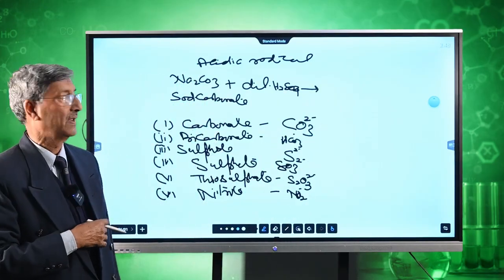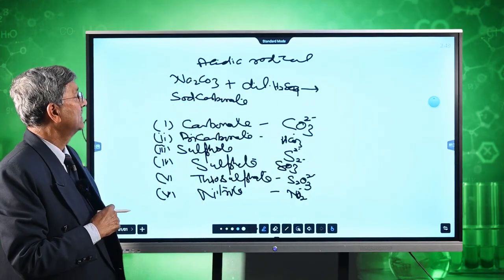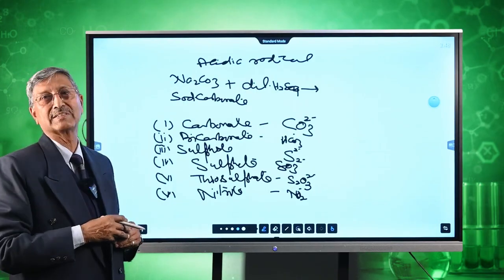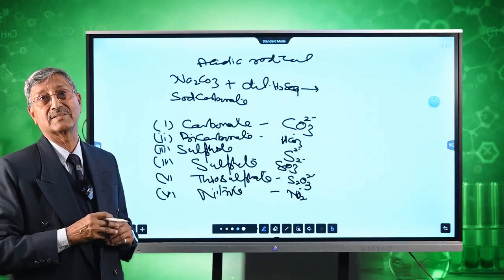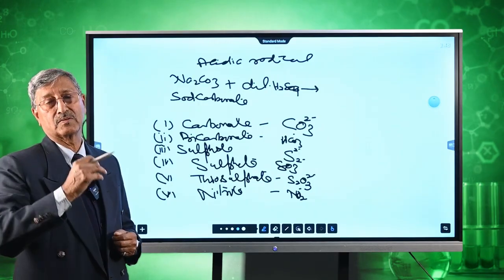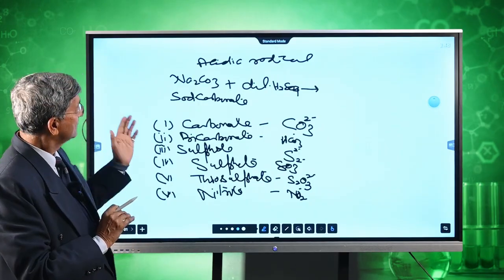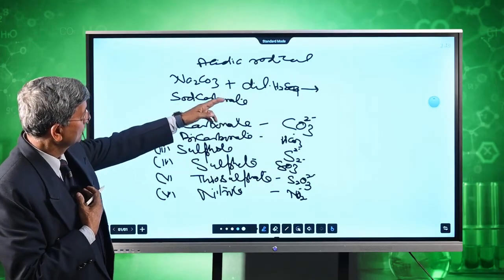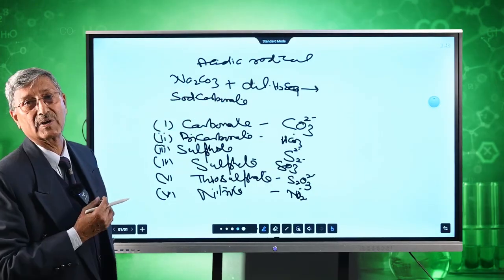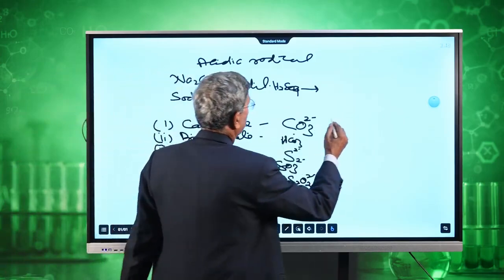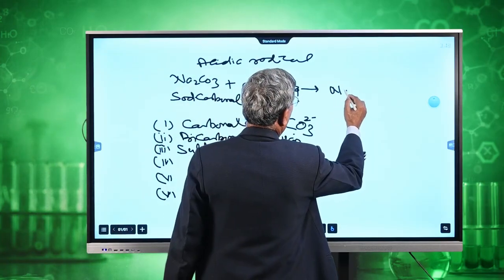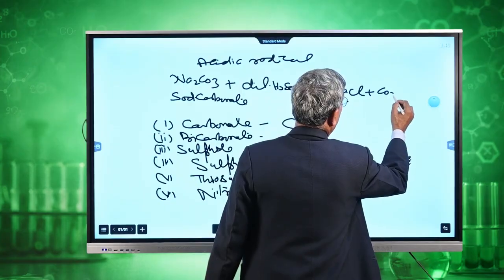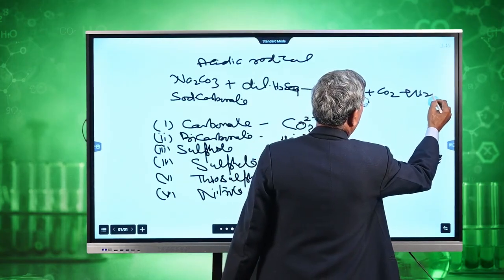Sulfuric acid is known as the king of acids, and it decomposes most of the things. So this dilute H2SO4 will decompose sodium carbonate and we'll get the formation of sodium sulfate plus carbon dioxide plus water.